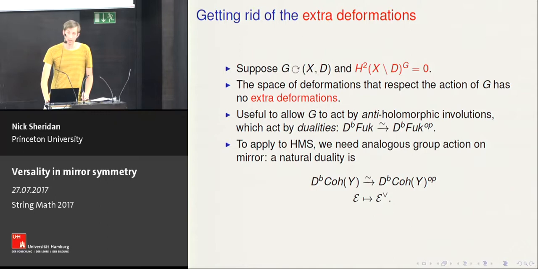Okay, so that's the outline of the idea, and now I want to state it a bit more precisely. I want to just state the theorem that I actually prove.